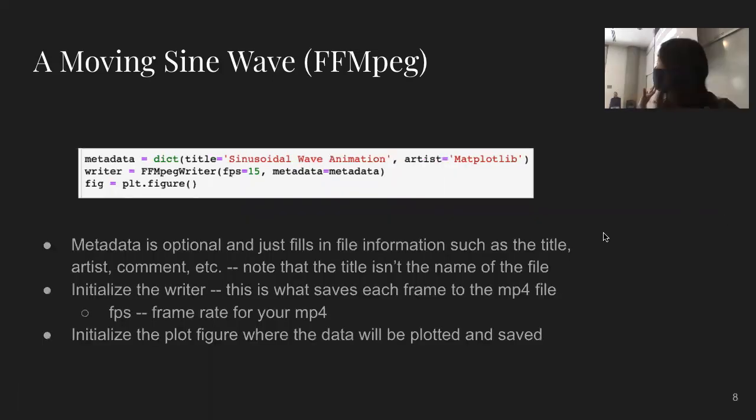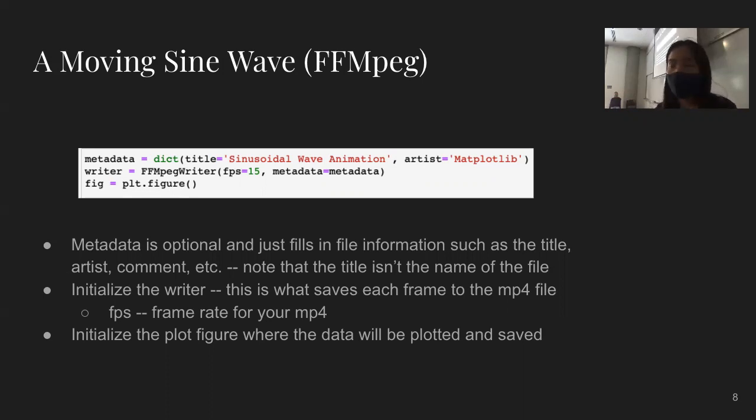Okay, and we'll look at each step more in depth now. Metadata is just optional and fills in some file information such as the title and the artist. None of the metadata is really necessary. This is just for if you want more information, so when you do get info on the file, this information will show up. For animating using Ffmpeg Writer, you want to initialize the writer.